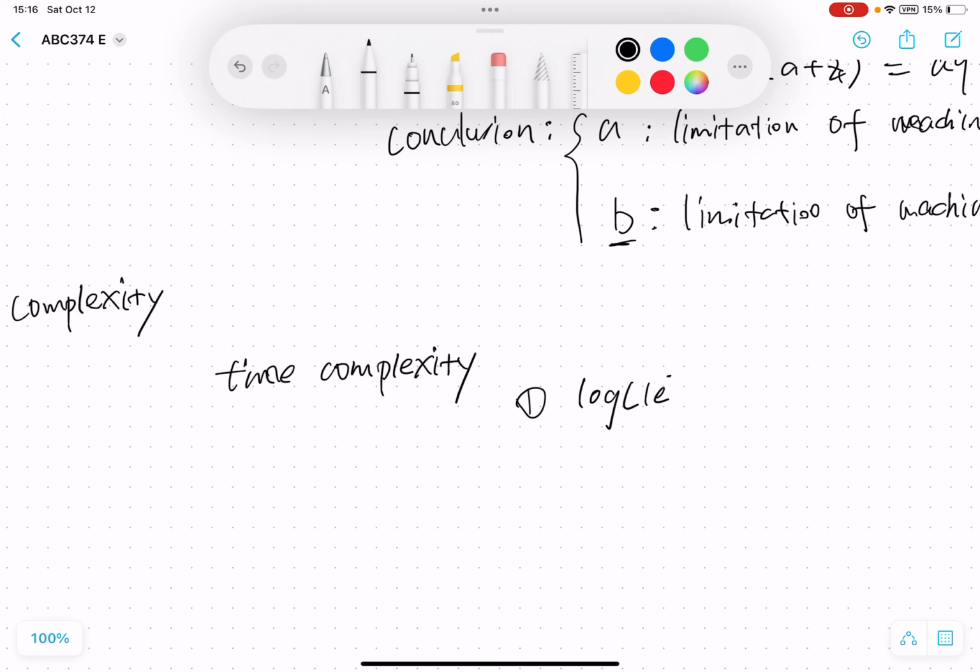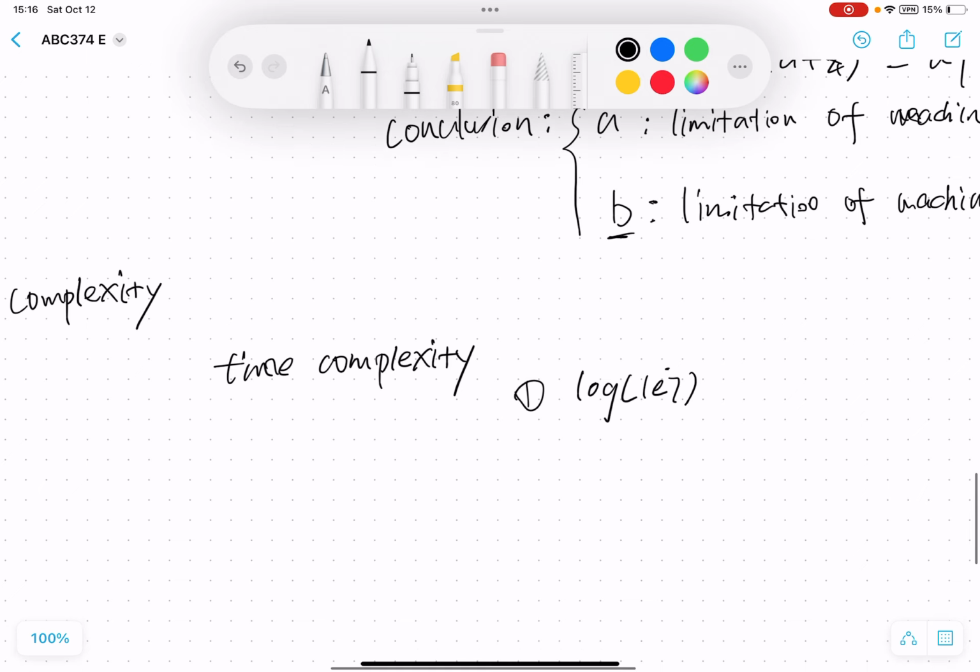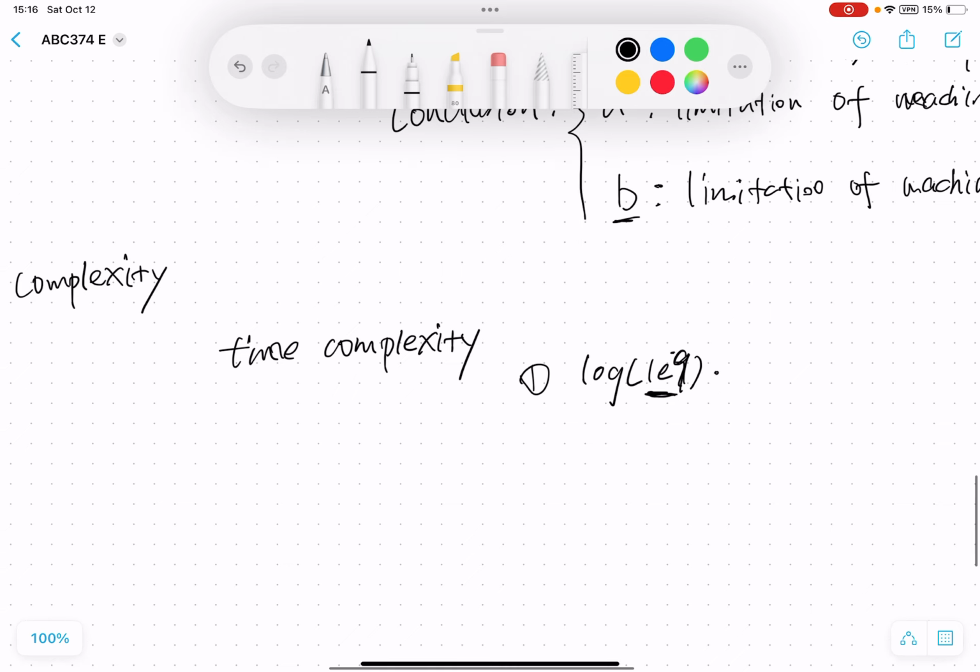Maybe that should be log 10 million, because the limitation of the answer is 1 billion. So the time complexity for binary search is log 1 billion multiply.